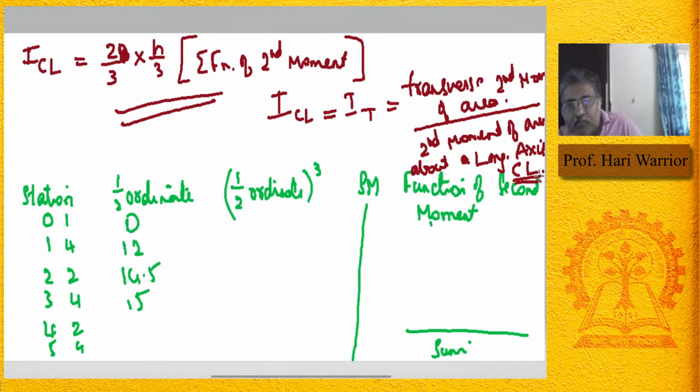Now you are told one thing, just to make some problems. The problem states: forward of station 8, we had 8 stations, so we went from 0 to 8, there is an appendage second moment of area of 30 meter power 4.